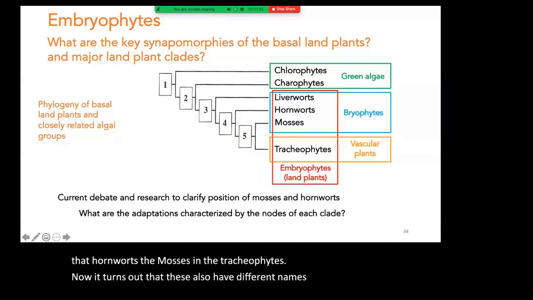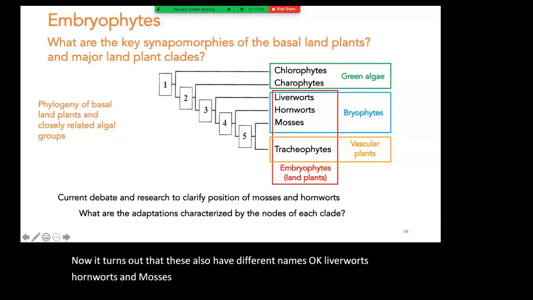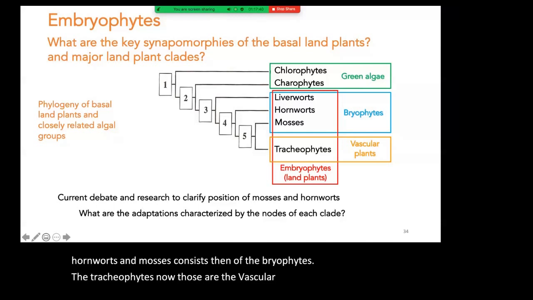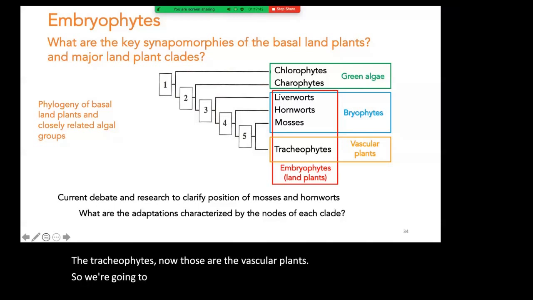Liverworts, hornworts, and mosses consist of the bryophytes. The tracheophytes, well, those are the vascular plants, okay? So we're going to be elaborating this phylogeny, and we're also going to be focusing on the common ancestors of each of these nodes.